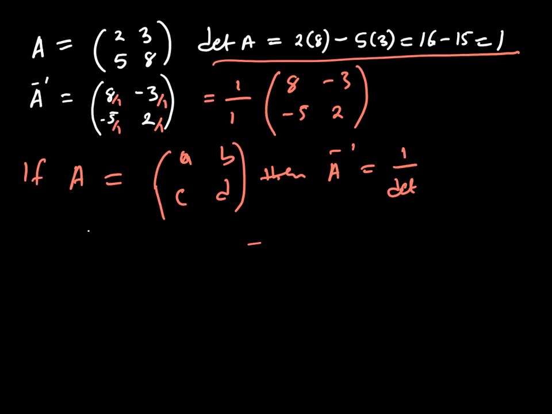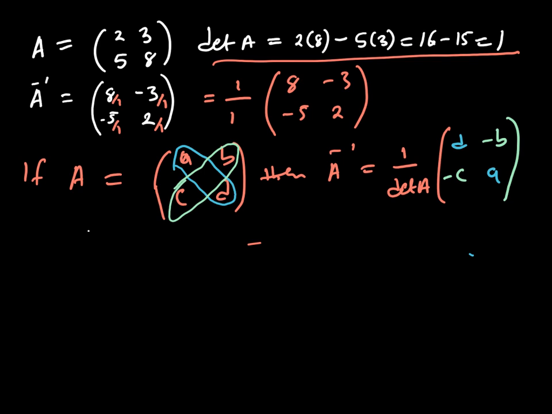That abbreviation is allowed, det of A, but it must begin with a small d, not a capital D. 1 over determinant of A into, now these elements here on the major diagonal will switch positions, okay? So we shall have d, and the a coming down. Then these 2 on the minor diagonal will only change sign, okay? So this will be a negative c and this a negative b.